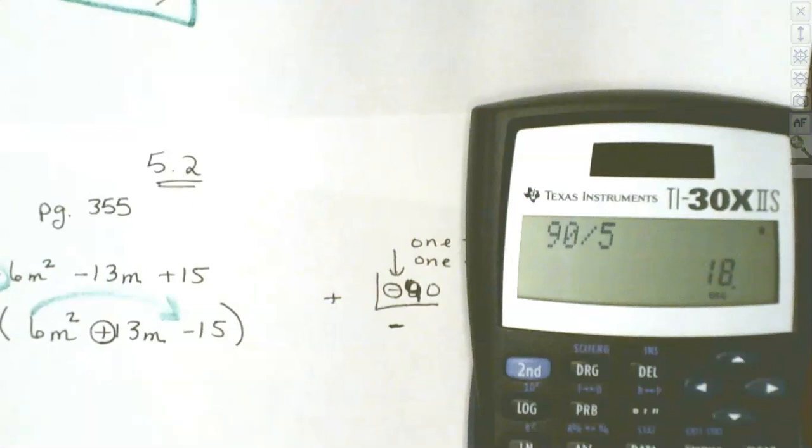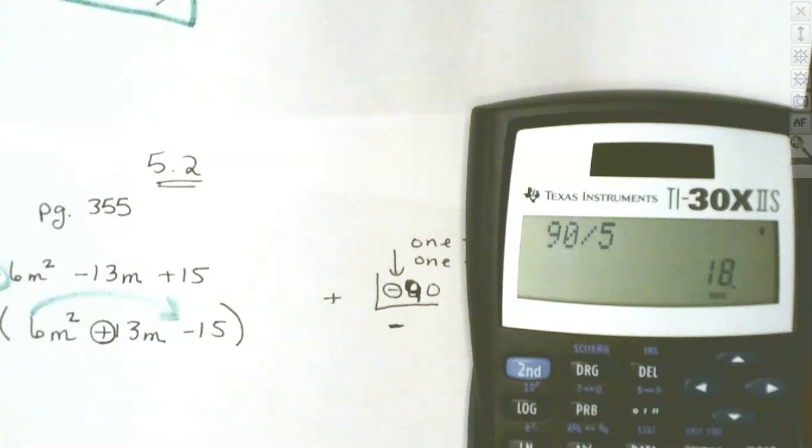So if it ends in a 0, you're going to try multiples of 5 and 10. If it ends in a 5, you'll try multiples of 5. If it's an even number, you'll try other even numbers like 2, 4, 6, 8, and so on. If it's an odd number, they're a little bit trickier. Odd numbers might have 3, 7, 11, 13 in there, so they're a little bit more complicated.